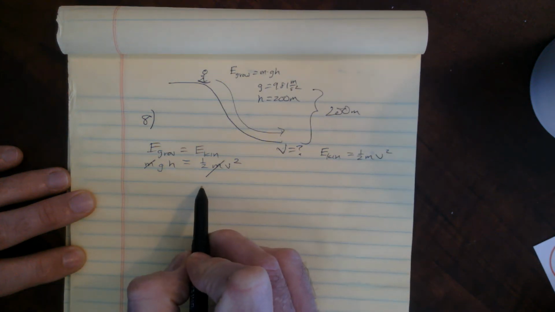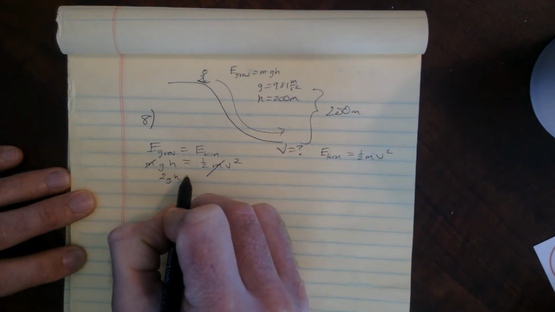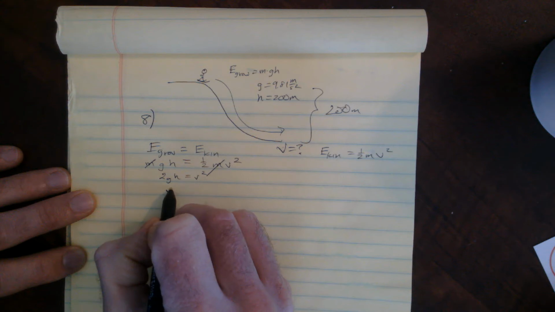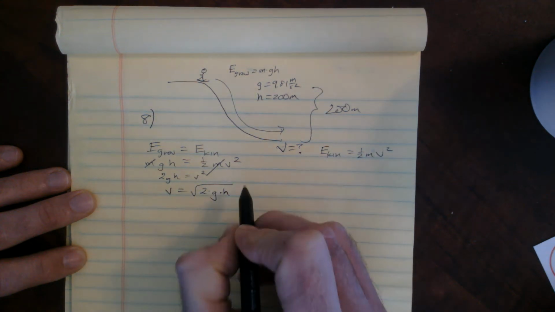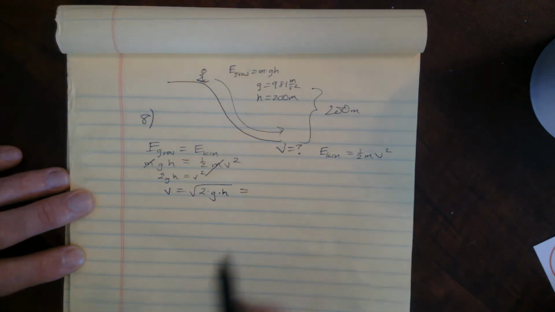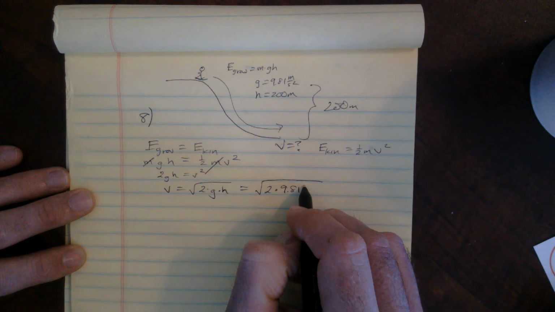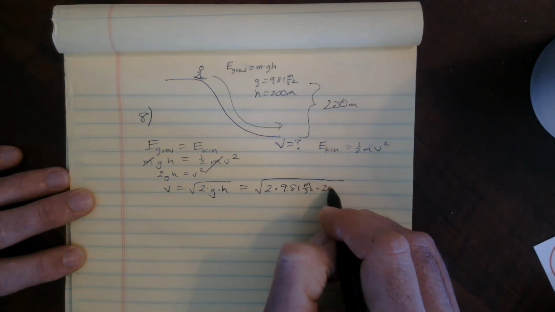So if I do a little algebra magic here, I'm going to get 2gh equals v squared. A little flip-flop and a square root, and I get v equals the square root of 2 times g times h. And we can go ahead and substitute in the square root of 2 times 9.81 meters per second squared times the height of 200 meters.